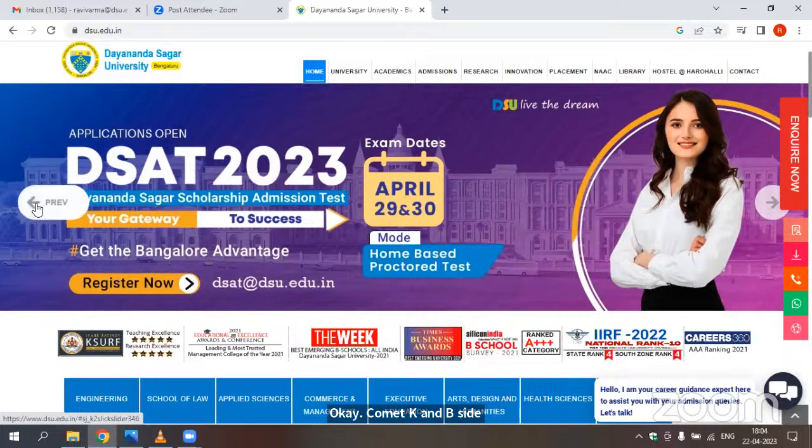The difference between Comed-K and DSAT is that in Comed-K you will have only 20% of seats in our campus, but in DSAT almost 60 to 70% of seats will be available. Comed-K competition is overall, and DSAT also we are conducting overall India, but their intake is 20% and here we are conducting 60 to 70%. So you can keep one option in hand.